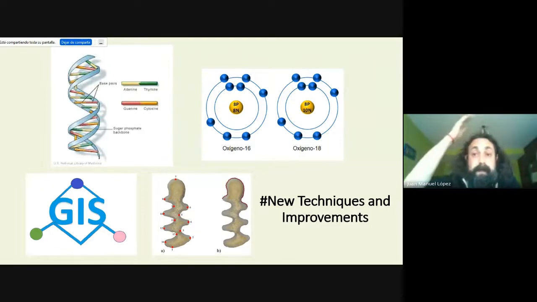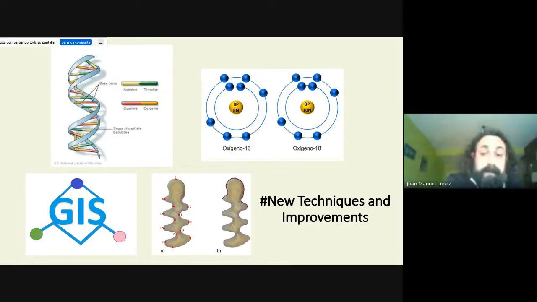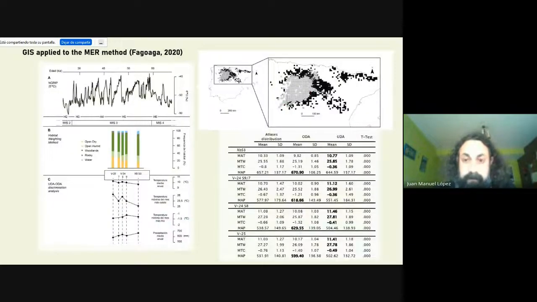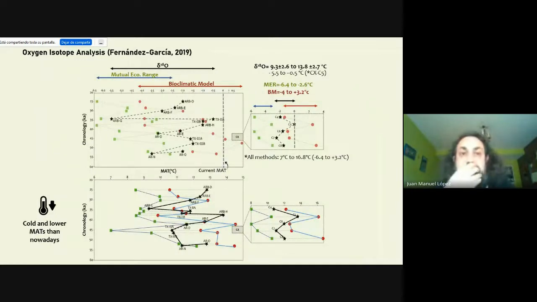To finalize a little bit, I'm going to speak about new techniques and improvements that in these last years are applied to small mammal studies. For example, this is from the PhD thesis of Mónica Fernández García.